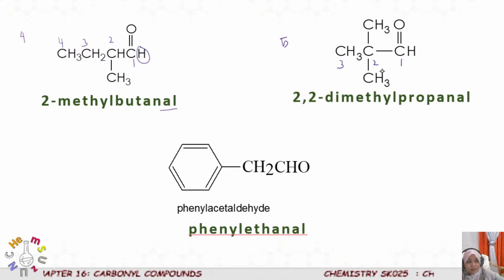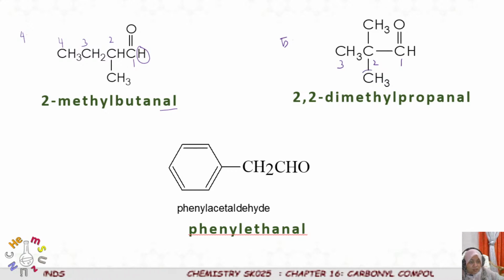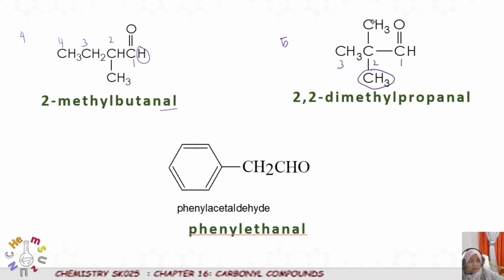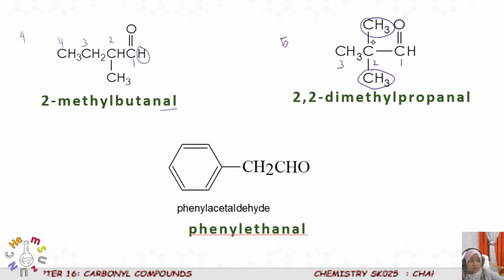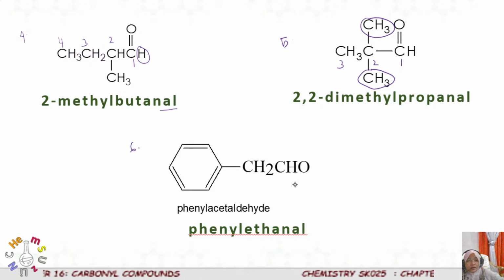So we name this 2,2-dimethyl propanal. Why 2,2? Because there are two methyl groups attached to the same carbon, so we repeat the same number. So we name it 2,2-dimethyl propanal. Okay, example number 6.